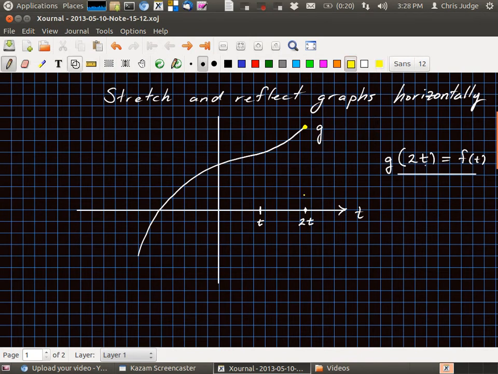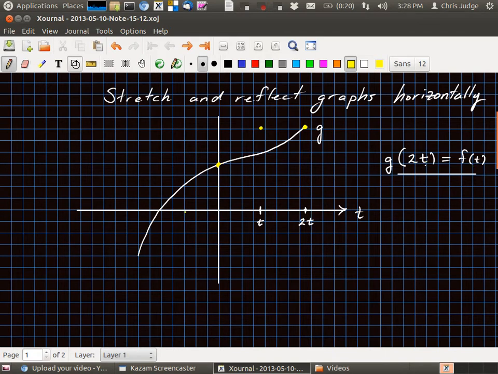So the height for f is the same as what it would be at 2t. This is the value of f at t. If we're at 0, nothing changes, because 2 times 0 is 0.